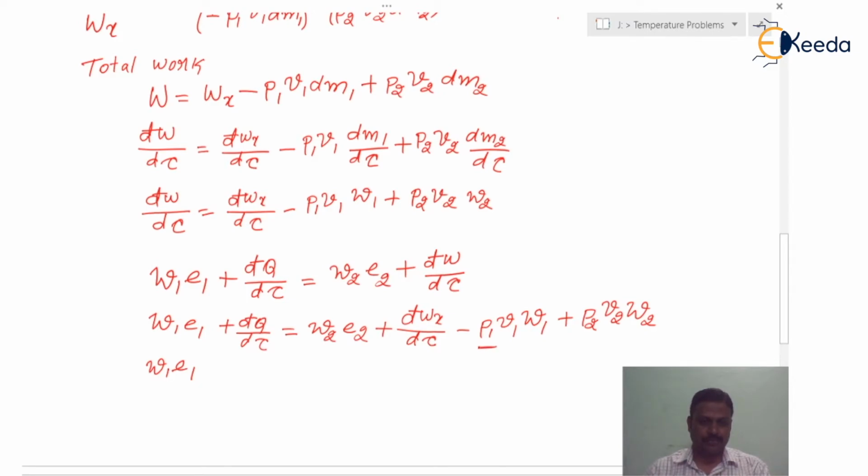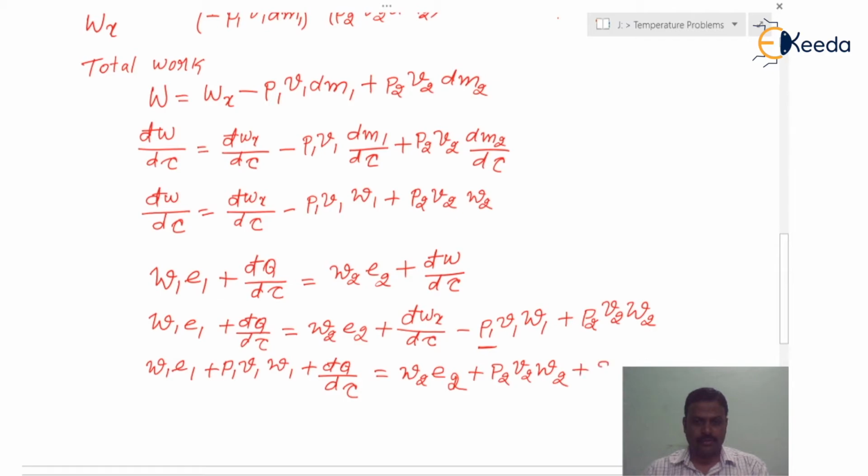So this becomes plus P1 V1 w1 plus dq divided by d tau, that is equal to w2 E2 plus P2 V2 w2 plus dWx divided by d tau.